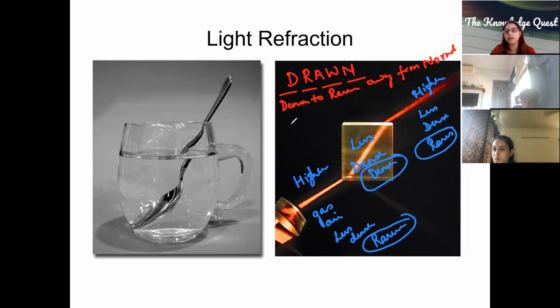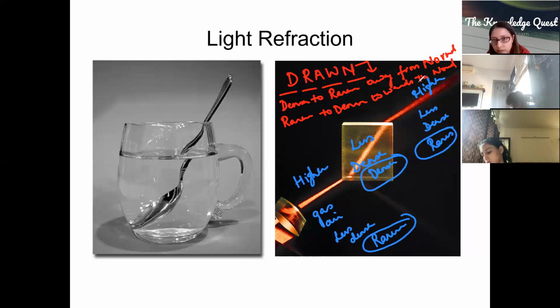If it is going from a rarer to a denser medium, it will move towards the normal. ये बहुत important है. Write it down. DRAWN, अगर आप drawn याद रखोगे तो आपको दूसरा वाला अपने आप याद रहेगा. If you remember drawn, you will remember the other part yourself. ठीक है?